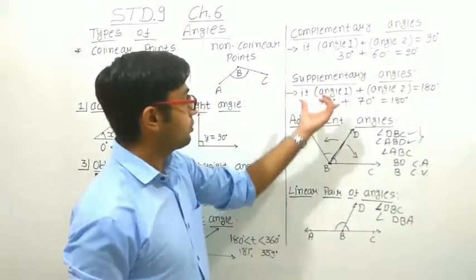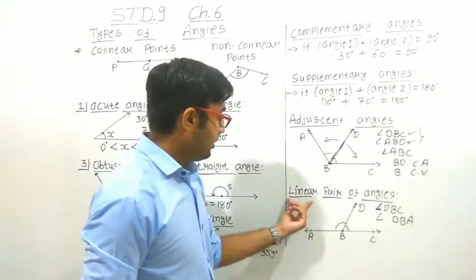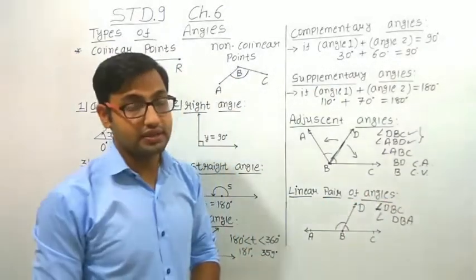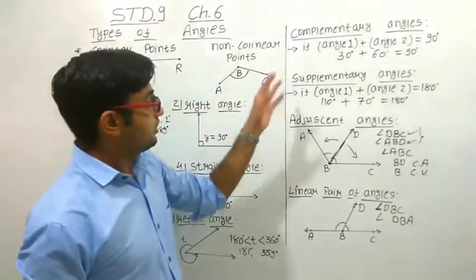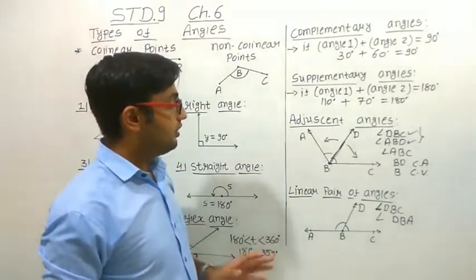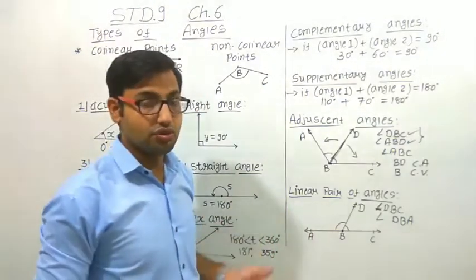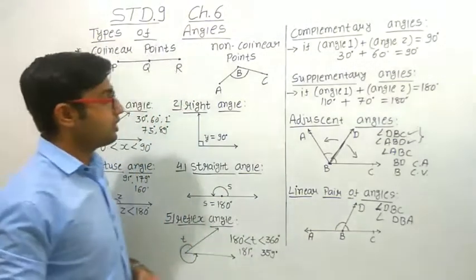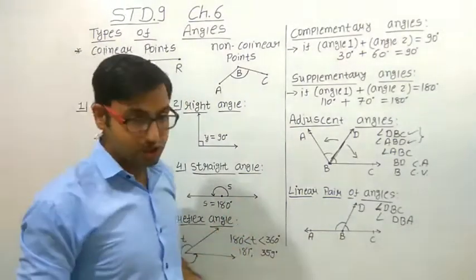We can also say they are supplementary angles, and they are making a linear pair of angles, right? So you have to keep all these points in your mind, then only we can study the further examples and theorems. Okay, so this is all about these types of angles, this is all about this lecture.